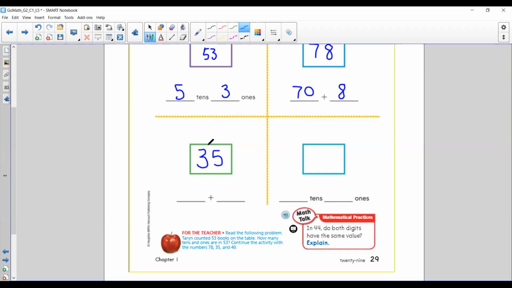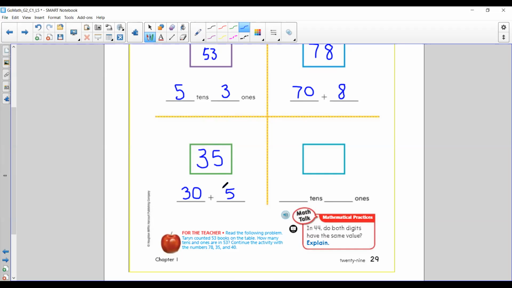So if we're counting by tens for the 3, can you count by tens 3 times? 10, 20, 30. So the value of that 3 tens is 30. That means that, like, if you had 3 $10 bills, it would be $30. And 5 ones would just simply be 5.